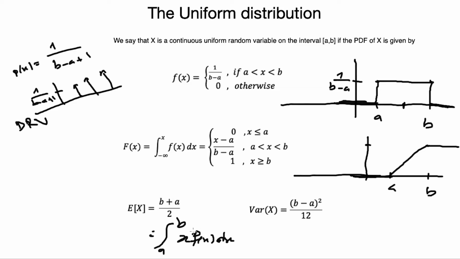So we replace f(x) with 1 over b minus a, and we can get this easily. And its variance is (b minus a) squared over 12, and we can get it also from this expectation. We know that it equals E[X squared] minus (E[X]) squared, and we can get it easily from the expectation that we get from the PDF.